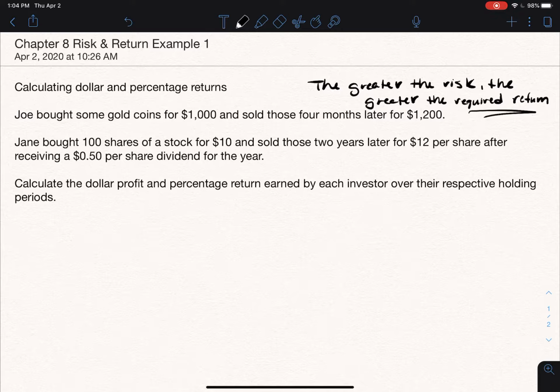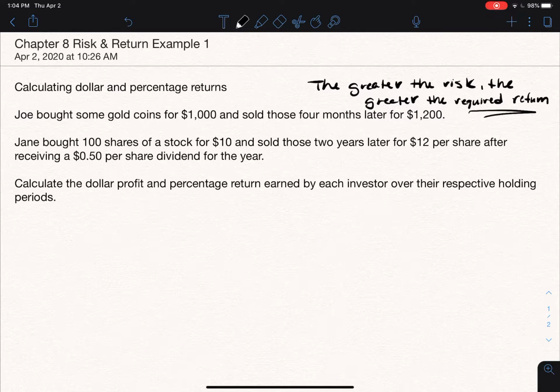All right, so that kind of leads me to this first example here. The first example in your chapter talks about Joe and Jane. Joe and Jane both separately went off and made their investments, then capitalized on those investments. And as we will read in just a moment, very different types of investment, different volumes of investment, different time periods.